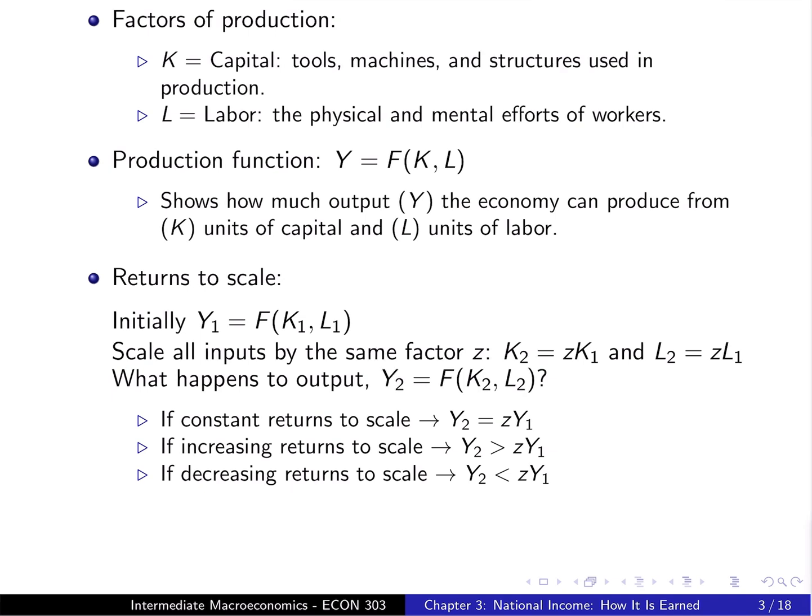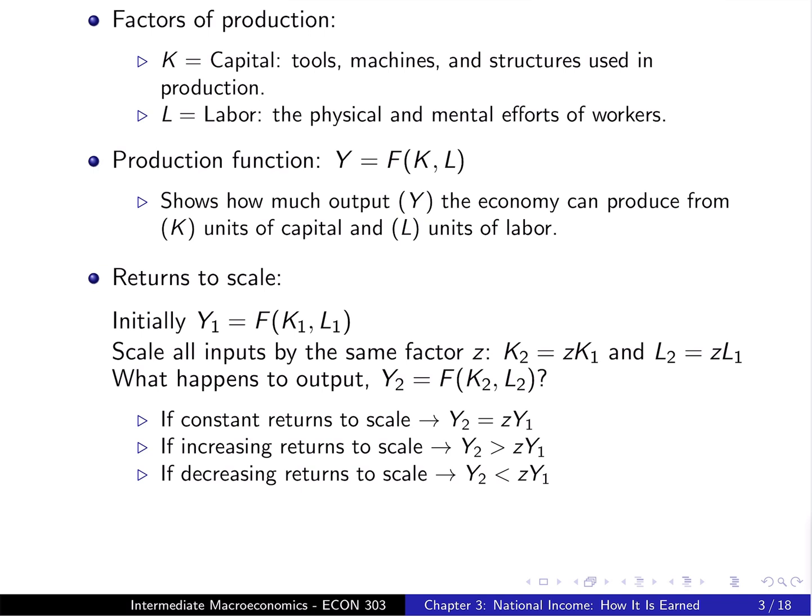Returns to scale. Now suppose we scale up all inputs by the same factor Z. What happens to output? Start with Y1 equals F(K1, L1). Scale inputs: K2 equals Z K1 and L2 equals Z L1. Output becomes Y2 equals F(K2, L2).